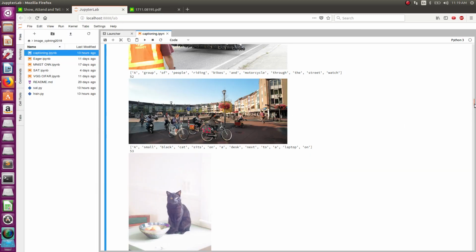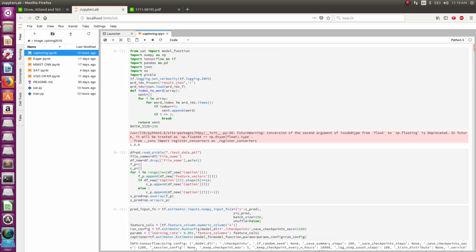As this was a deep learning based algorithm, we implemented this using a deep learning framework called TensorFlow on top of Python. For the encoder part, we used a convolutional neural network design called VGGNet, and we extracted the features out from it.